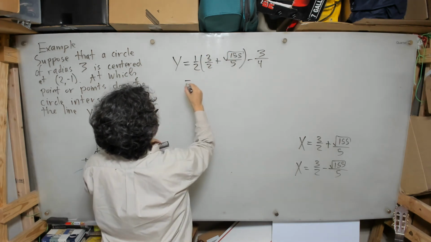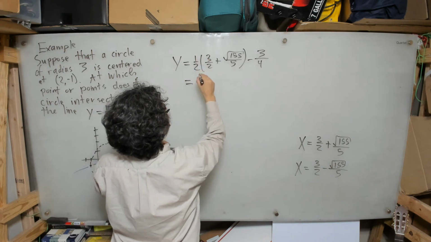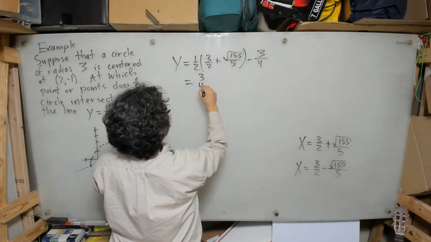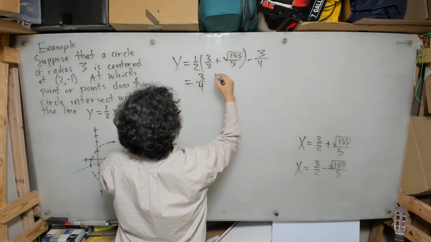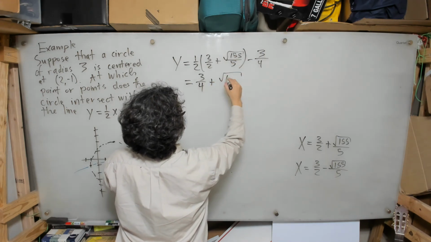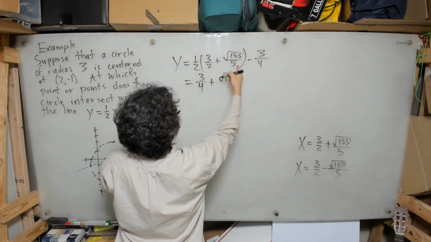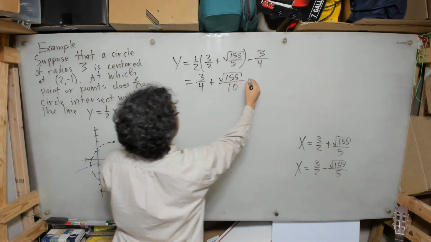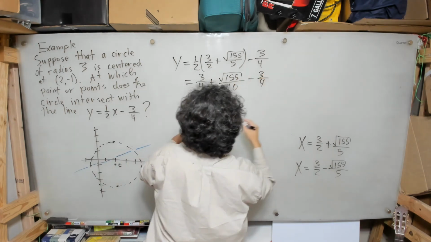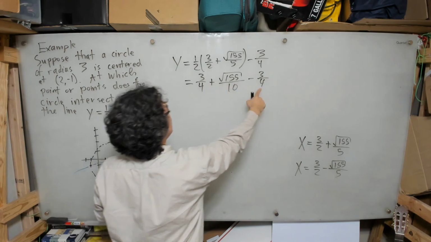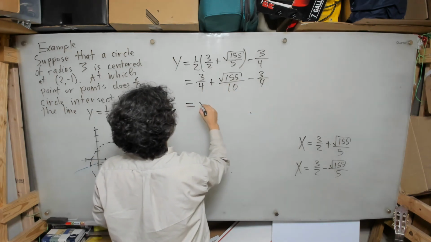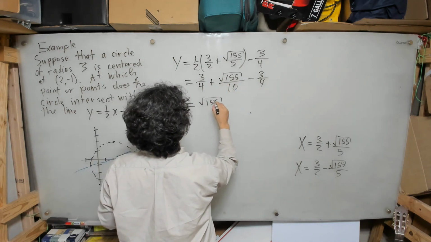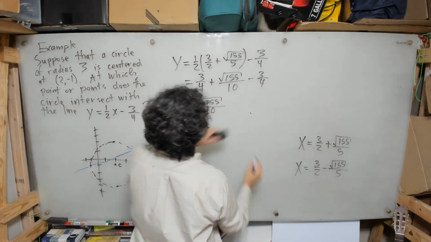So it's going to be 1 times 3 is 3, 2 times 2 is 4, 1 times square root of 155 is square root of 155, 2 times 5 is 10, and then minus 3/4. It just so happened that this and this go away, and we're left with just the square root of 155 over 10.